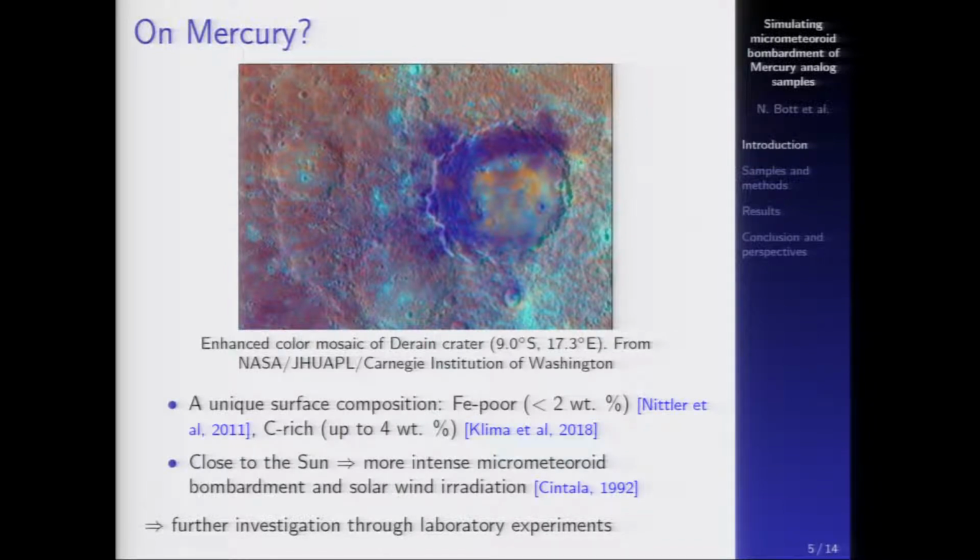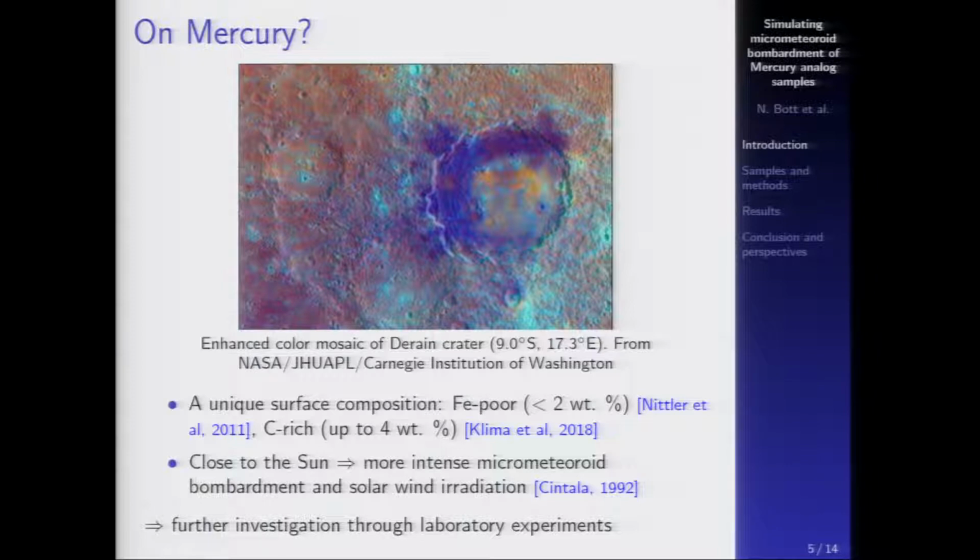So what about Mercury? Mercury, as we all know, has a unique surface composition. As we can see on this enhanced color mosaic of the Darwin crater, we can see these dark blue patches that are low reflectance material. We know that the surface of Mercury is iron poor and also carbon rich.